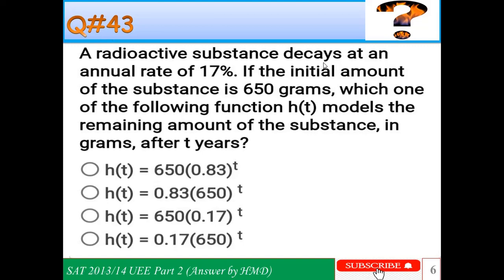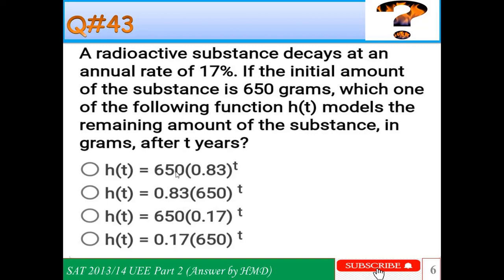A radioactive substance decays at an annual rate of 17%. If the initial amount of the substance is 650 grams, which one of the following functions, h of t, models the remaining amount of substance in grams after t years?